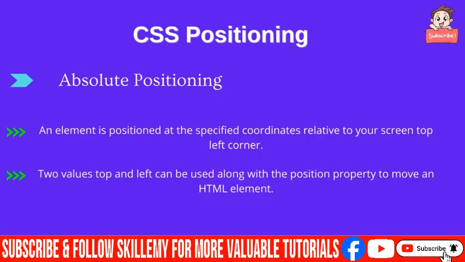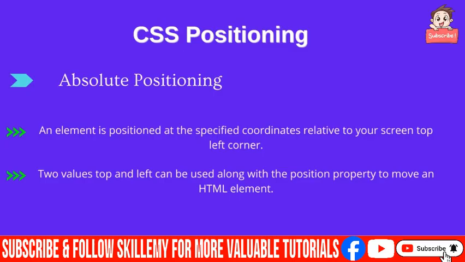So let's talk about absolute positioning. Absolute positioning is, as the name says, absolute, meaning here you will have to pass two values, the x-axis and y-axis value. The x-axis means the horizontal one, which will be taken from the left-hand side, and the y-axis is the vertical one, taken from the top.